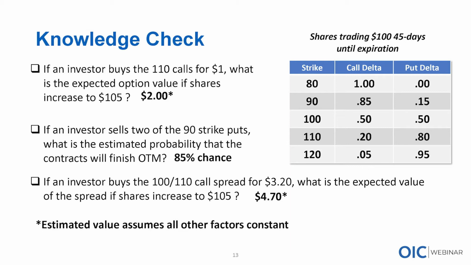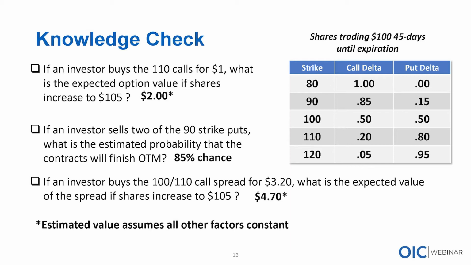All right, number 2, if an investor sells 2 out-of-the-money 90-strike puts, what is the estimated probability that the contracts will finish out of the money? You look at the 90-strike puts, they have a 15 delta. What would you think is the probability that that option would finish out of the money?